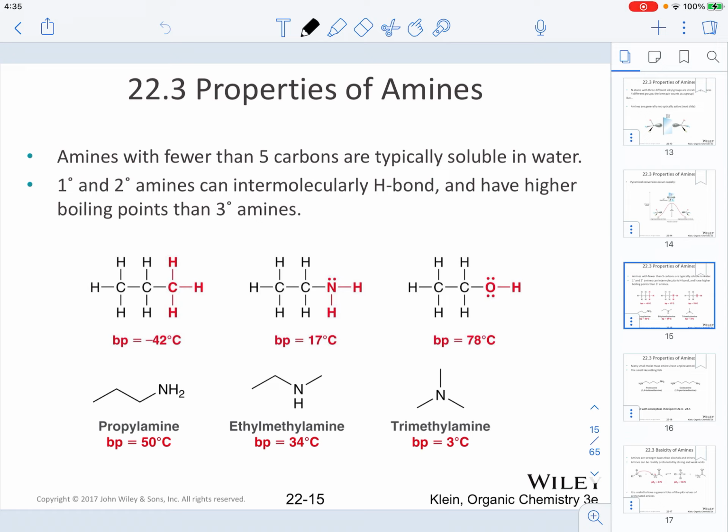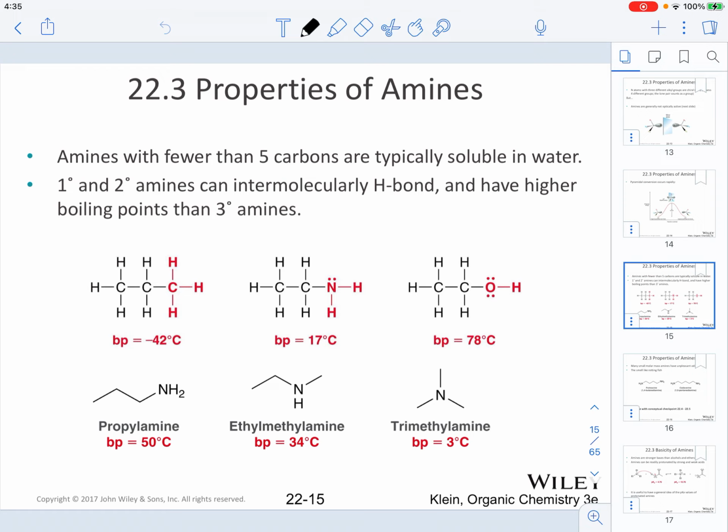Understand that amines with fewer than 5 carbon atoms are typically soluble in water. When it comes to the attractive forces, or intermolecular forces, between amines that are primary or secondary, understand that primary and secondary amines, because they can have intermolecular hydrogen bonds, have higher boiling points than tertiary amines.